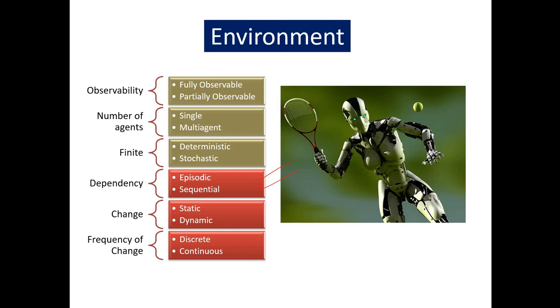Its decision of where to stand and how fast to throw depends on my previous actions. Earlier the ball would have come to the right-hand corner, so it might be standing there, and the speed the opponent is throwing at might be a bit low, so it would have reduced its speed. If the actions are going to depend on our previous steps, then you can say it is sequential.